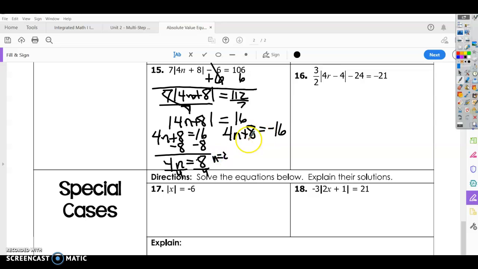Over here I'm going to subtract 8. 4n equals negative 16 minus 8, which is negative 24. Divide both sides by 4. n equals negative 6. All right, so we're going to write our solution set. Again, I'm going to kind of write it over here to the side. So it'd be negative 6 and positive 2.